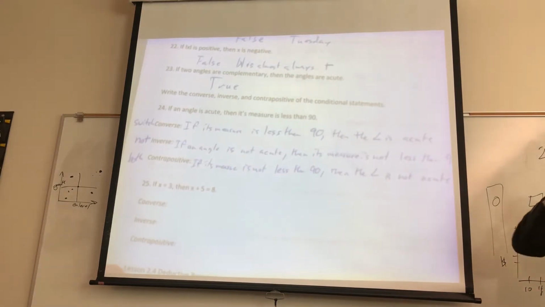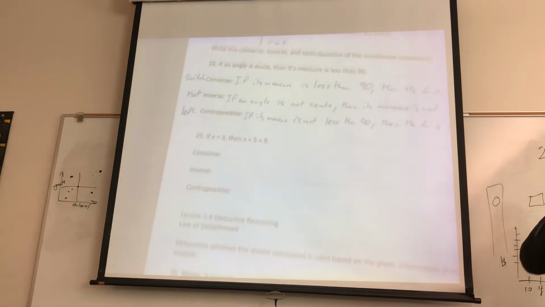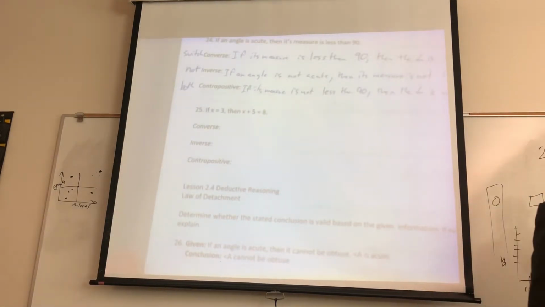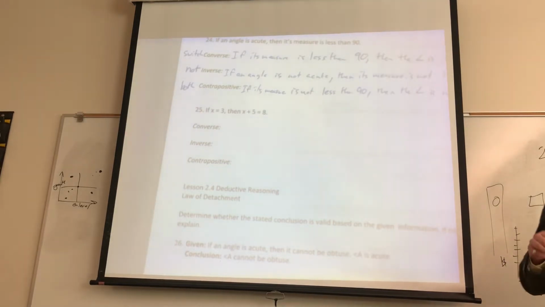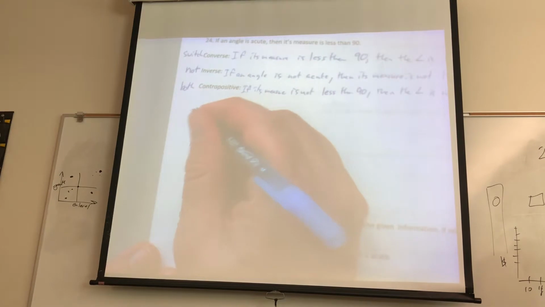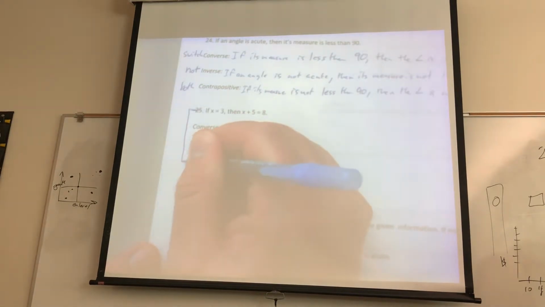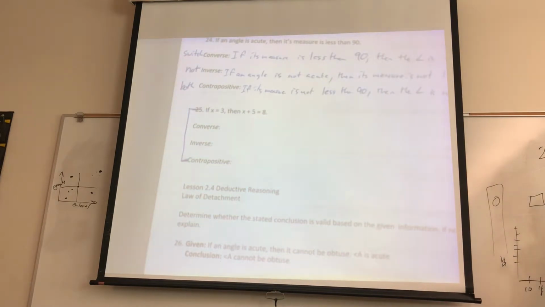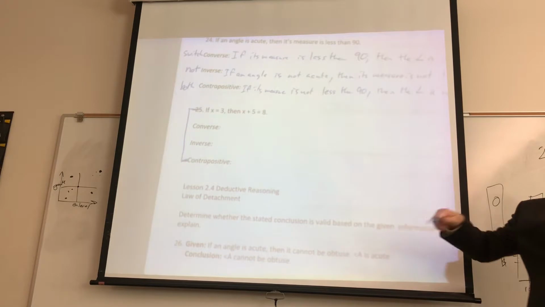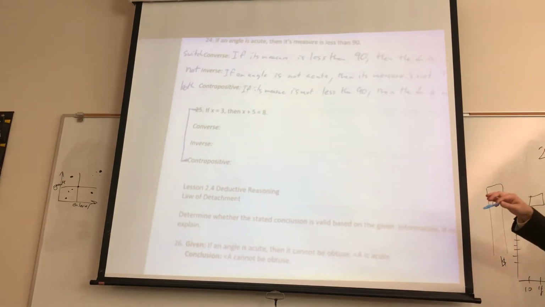All right? The other thing, and I'll just kind of illustrate this on this one here, is the truth value of these statements. The truth value of these statements always goes in pairs. The original conditional statement and the contrapositive always have the exact same truth value. So if the original one is true, then the contrapositive is also true.